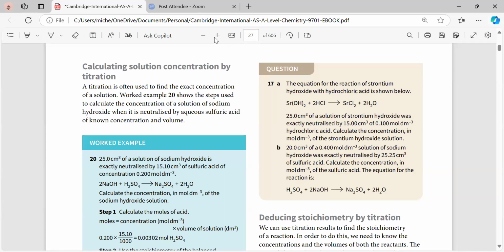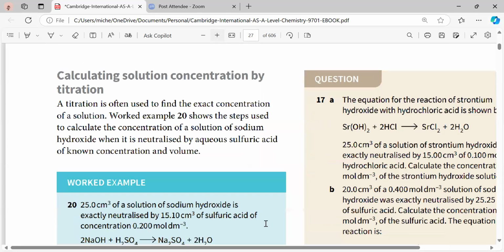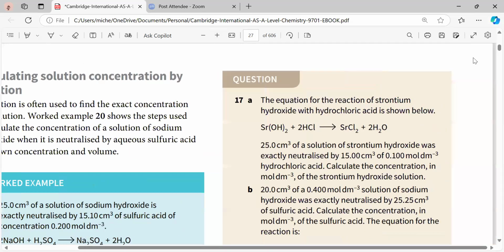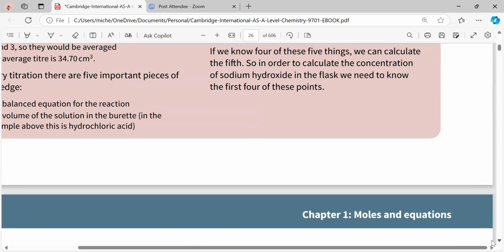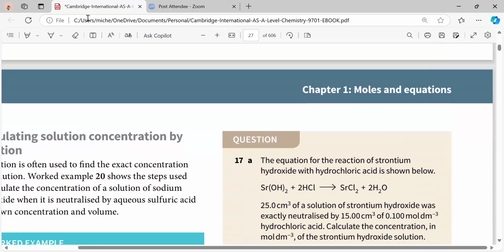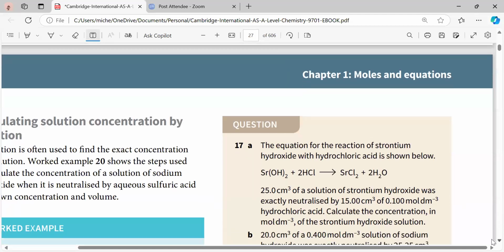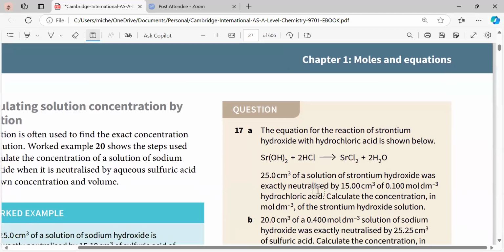So I'm going to zoom this question out. Okay, there we go. First of all, we need to write all that we know. To find the moles, we need to multiply concentration times volume. That's the formula for finding moles. And here, we already have both that we need.